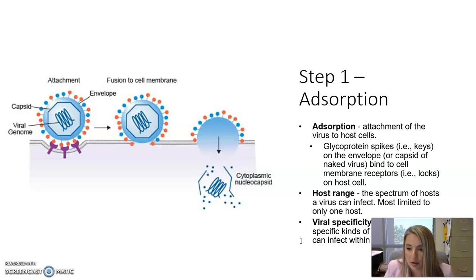So in order for a virus to establish an infection and attach to a host cell, it has to be in the right host. For example, if I would become infected with COVID-19, the spikes on the COVID-19 virus are going to be able to match the receptors on my respiratory cells because that's a human pathogen. However, let's say my dog, because I'm infected with COVID, also gets exposed to COVID.